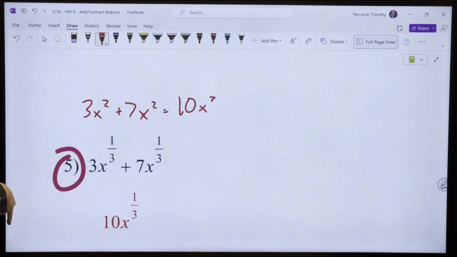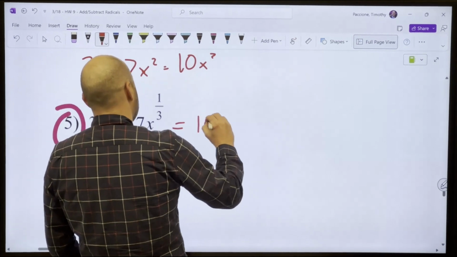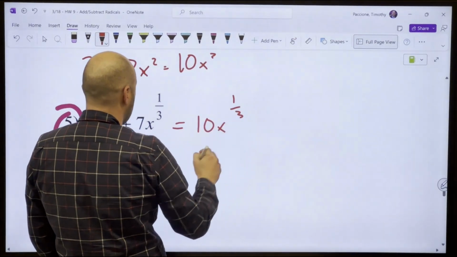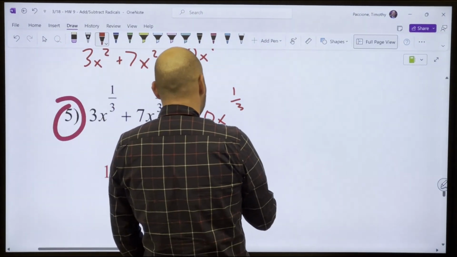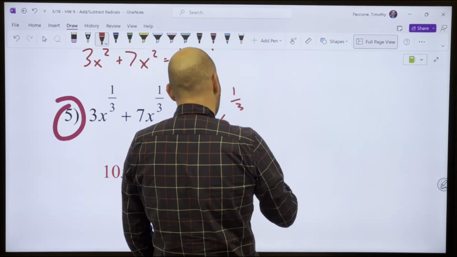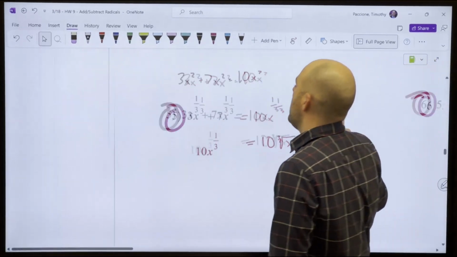Well, it's the same thing. It's just you have a weirder exponent, right? This is 10x to the 1/3. Now, you could have also, since the rest of them are radicals, maybe you felt like I needed to make this a radical. Well, if you did, it would be 10 third root of x. Okay? All right, moving along.